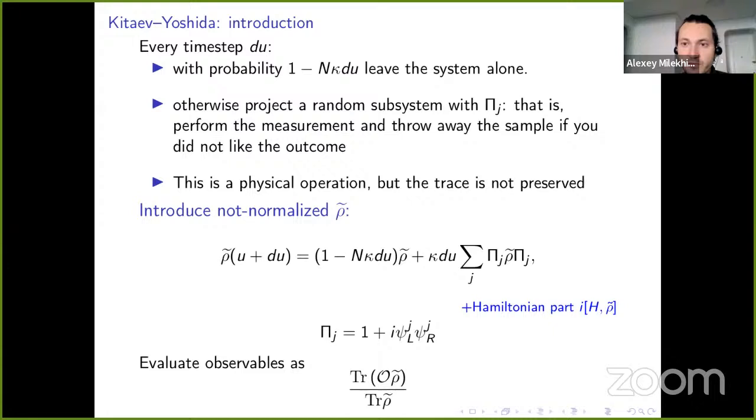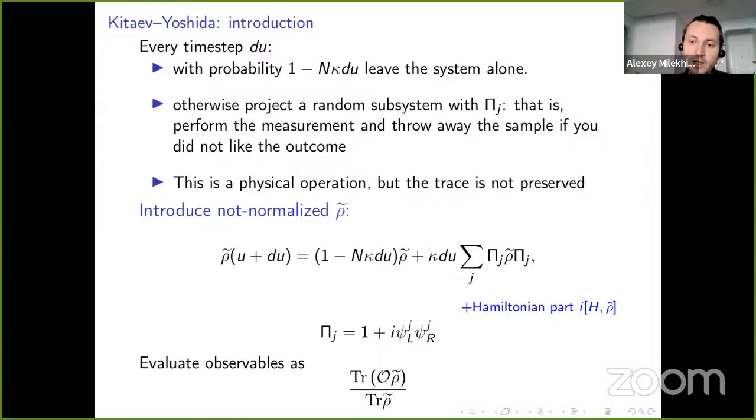So at the end of the day, if you started from 1 million samples and you did it many times, you might end up with only 2 samples. The rule of the game is that even if you end up with 2 samples, it's all right. You will measure observables only in these 2 samples.